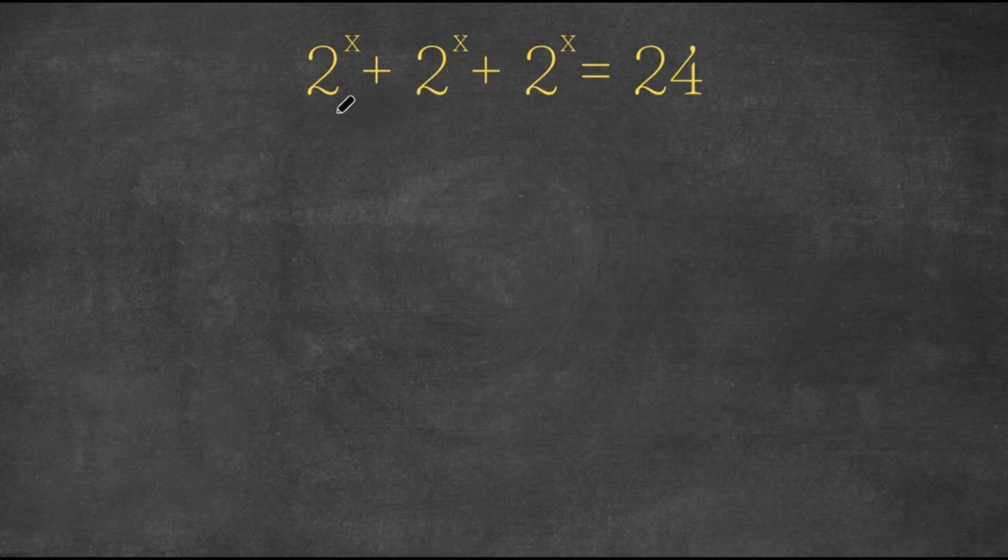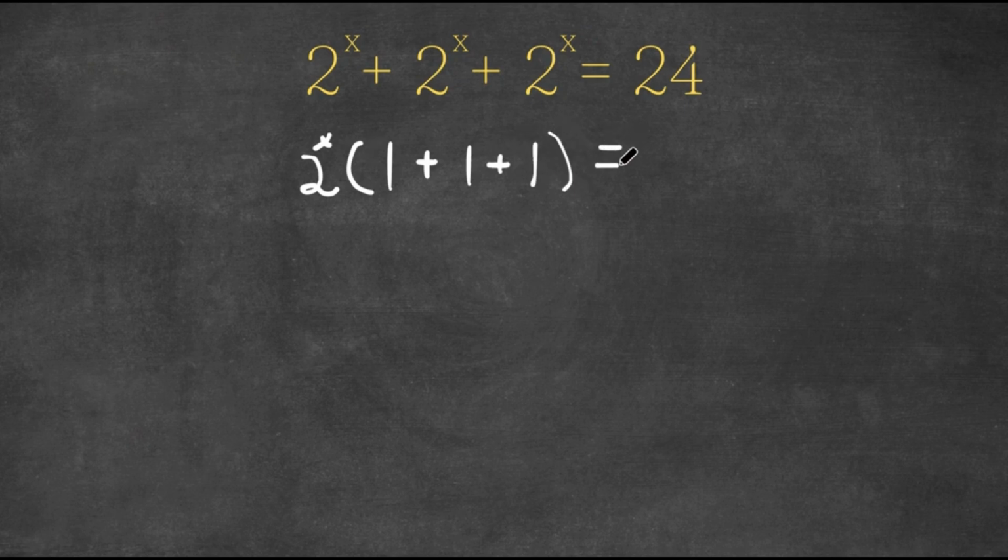Now, what I'm first going to do is from the left-hand side, because we have three terms that are the same, I'm actually going to factor out 2 to the power of x from this. So now we have 2 to the power of x times 2 to the power of x divided by 2 to the power of x is 1, plus, same thing, 1, and plus, same thing once again, 1.